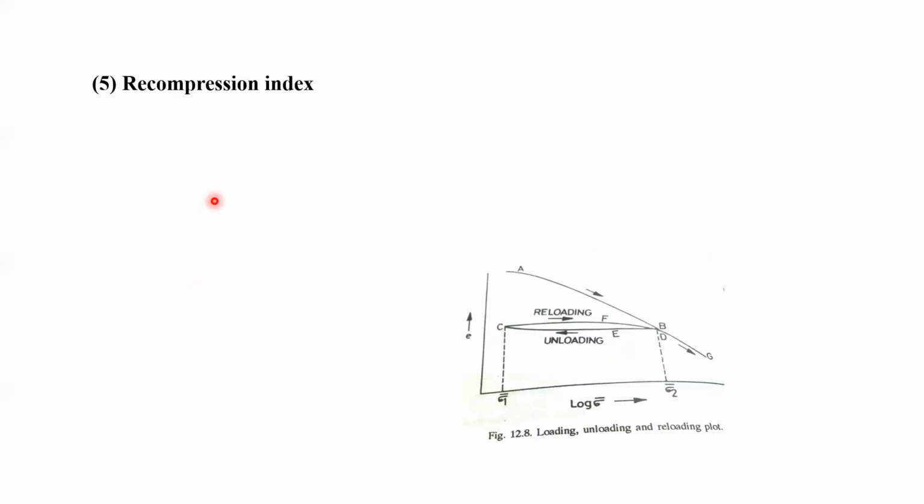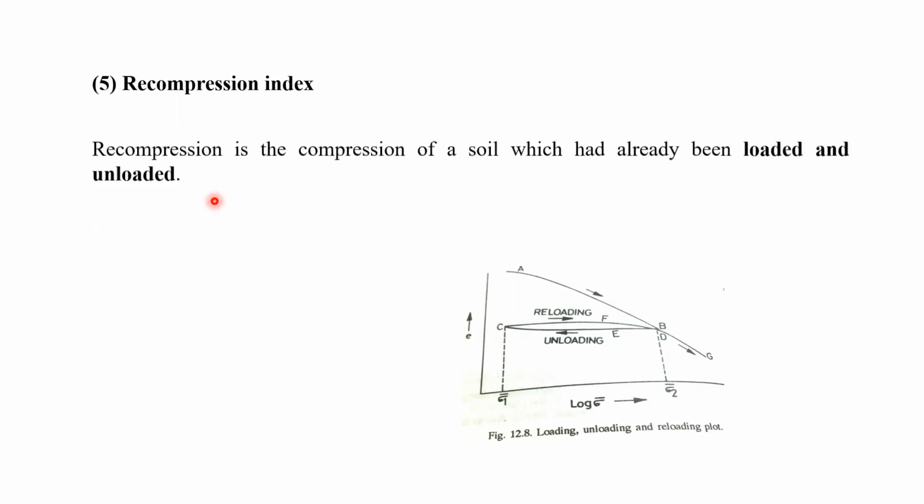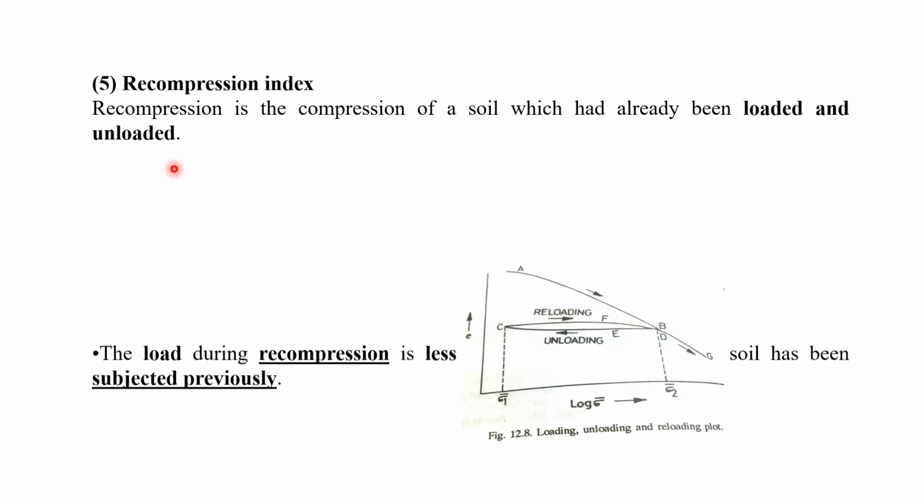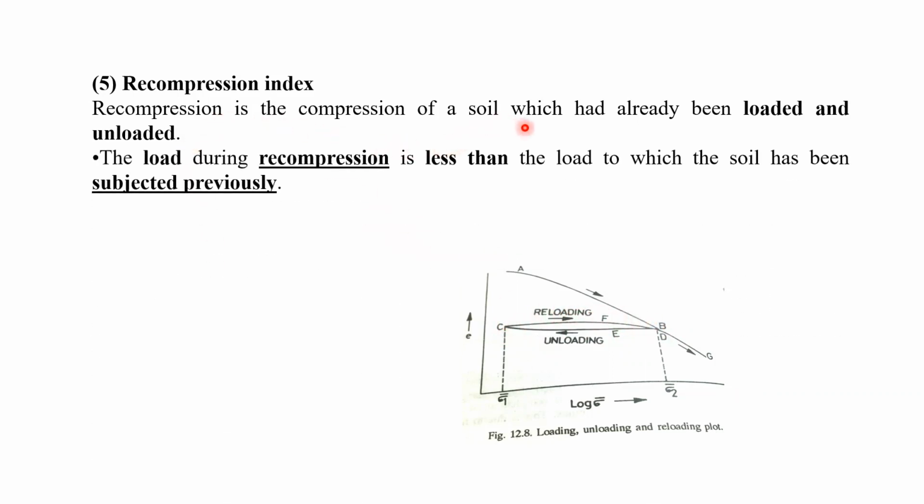Now, the next is the recompression index. In this figure, this graph BEC is the expansion curve. Again you recompress it, that is the curve CFD. Recompression is the compression of soil which has already been loaded and unloaded. This is the loading line and then the unloading line, so loading and unloading have taken place, and after that you recompress it.